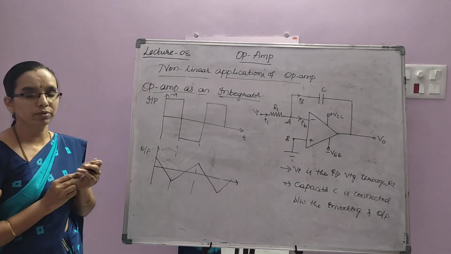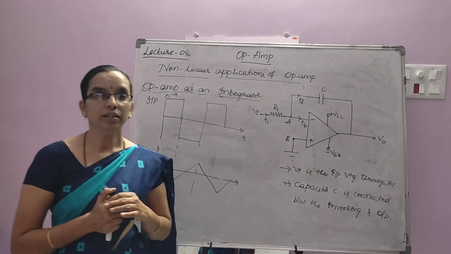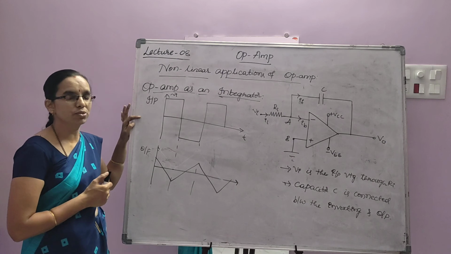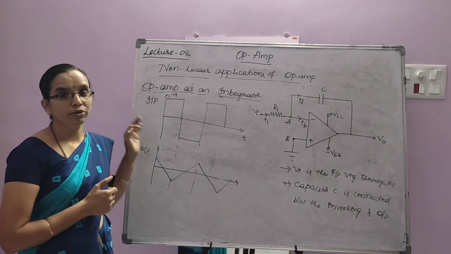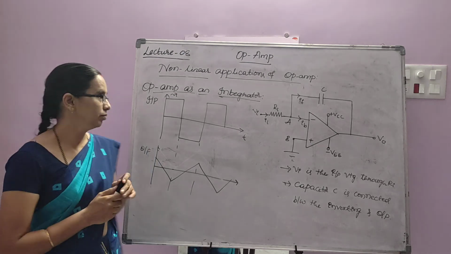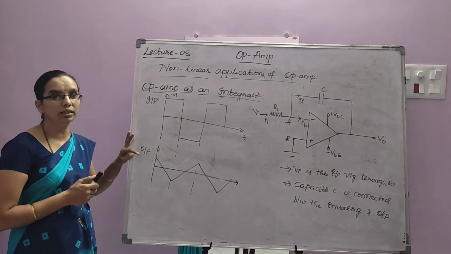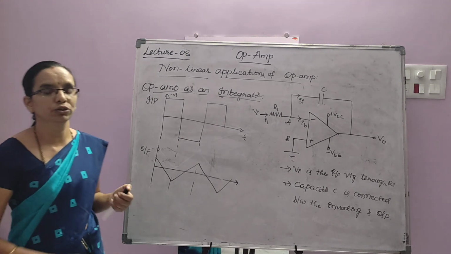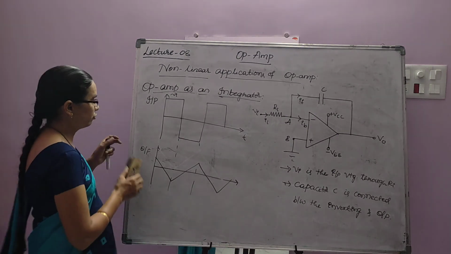The same type of questions may be asked in the examination. Sketch the output waveform for the given square waveform. They will ask the output waveform of the integrator or differentiator. They will give the waveform, and that time you have to sketch the output waveform. If they have given the square waveform, then you should write a triangular waveform.